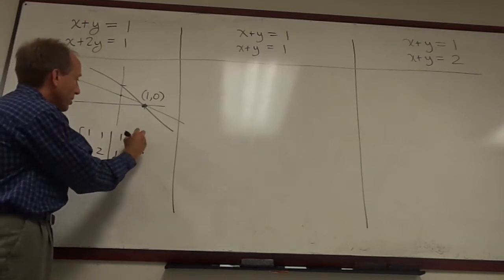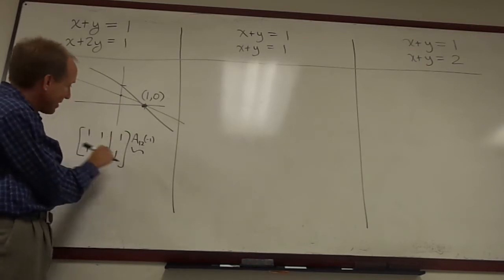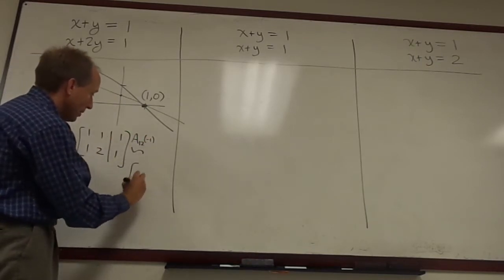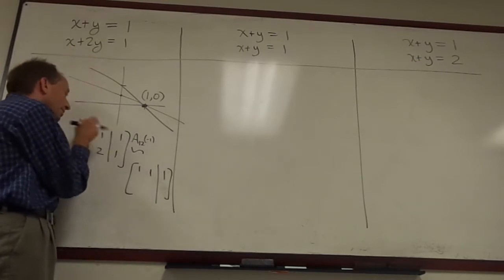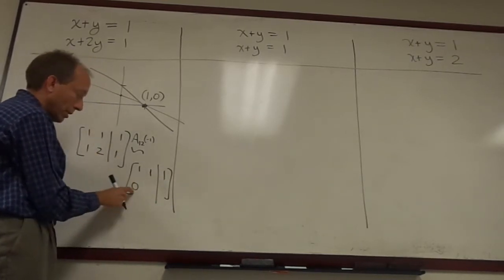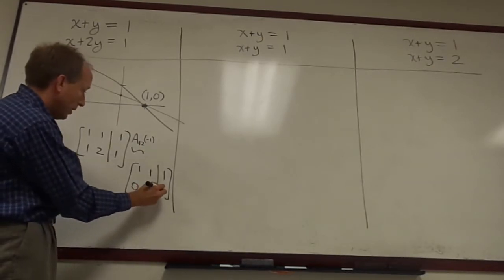If I perform the ERO that adds the negative of the first row to the second row, the first row stays the same, but we take the negative of the first row and add it to the second row. We're going to get that 0 right there, which is what we want, and then we're going to get a 1 and then a 0.